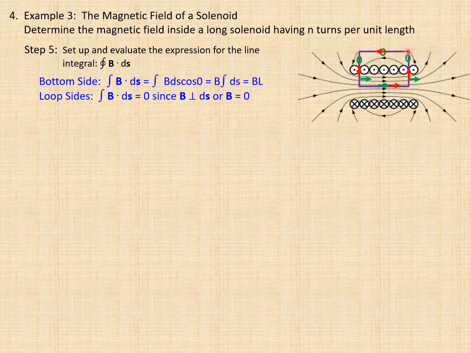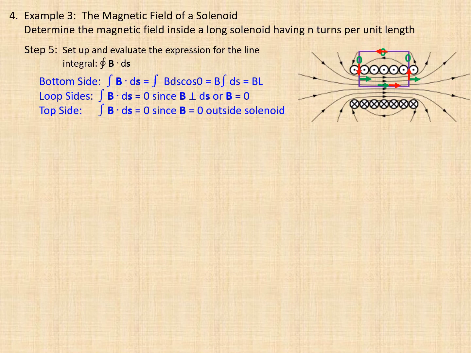For the portion of the loop that exists outside of the solenoid, we know that the value of the field is 0 there, so that gives us a 0 value for the integral for a completely different reason. But the bottom line is that for both loop sides, that is the left-hand side and the right-hand side, the value of that line integral is 0. And finally, when it comes to the top side of the loop, we know that the value of the line integral is also 0 because the value of the field is 0 for this entire upper region.